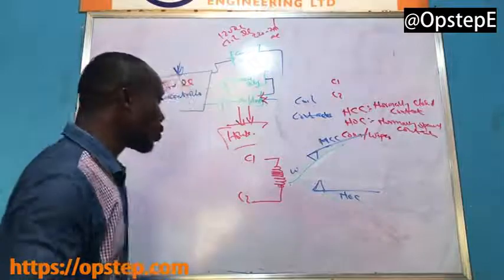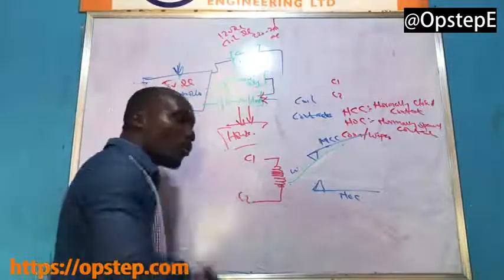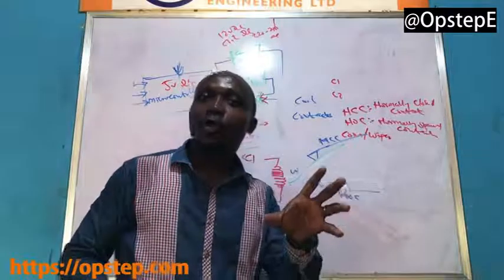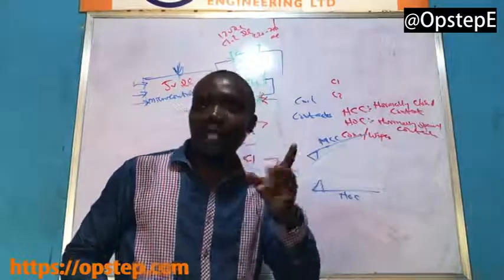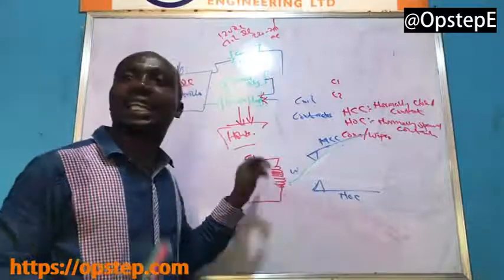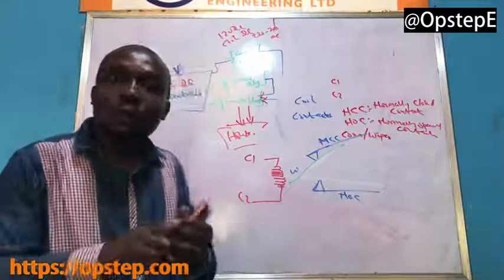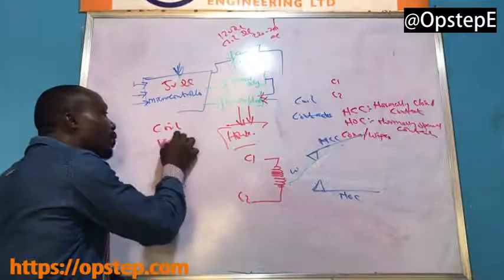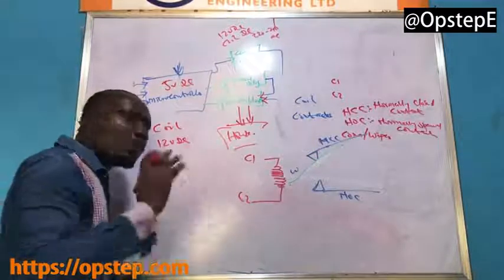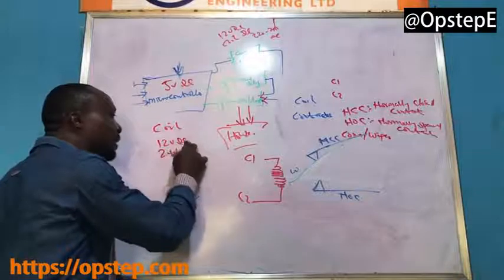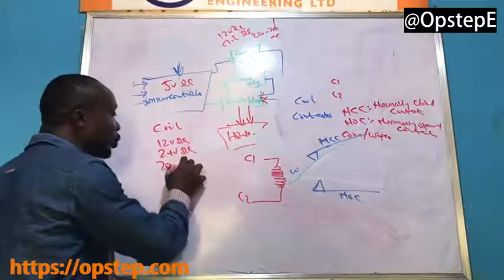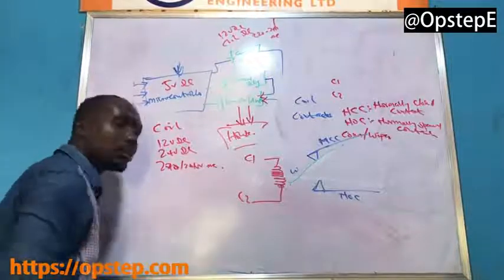Okay. So now, when you go to the market, you need to be careful of the kind of relay you get, because the coils are rated differently. Some you go to the market, they are going to tell you this particular coil is 12 volts DC. Some they will tell you it is 24 volts DC, while some they will tell you it's 220 to 240 volts AC.